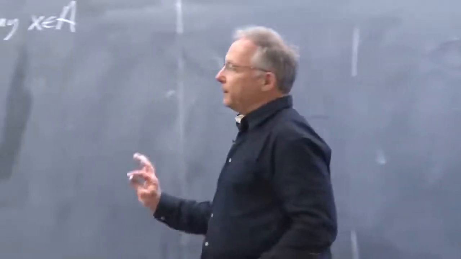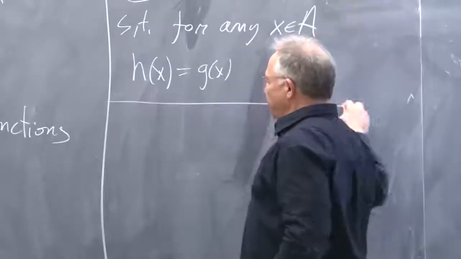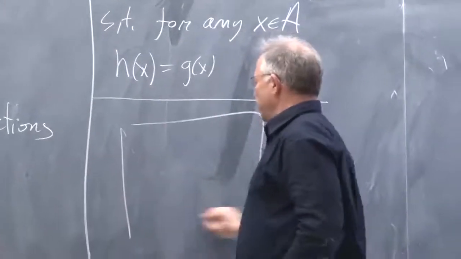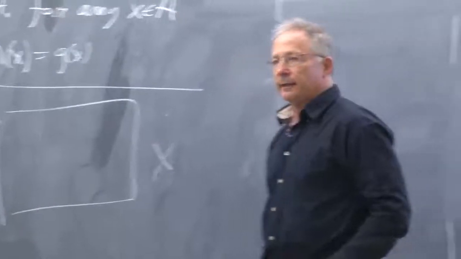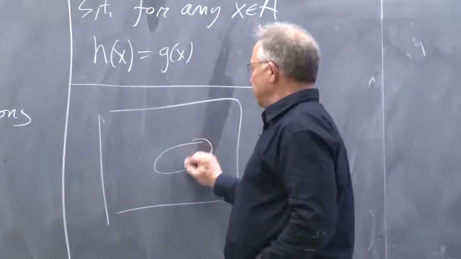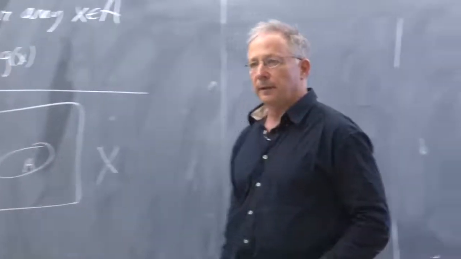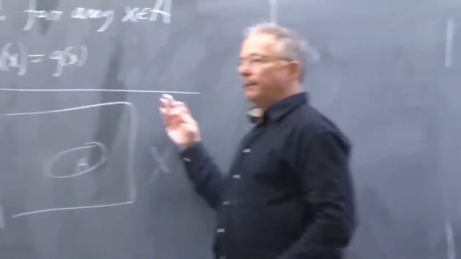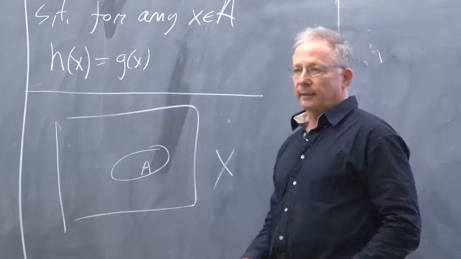OK, so what are we saying here? I have some domain set X, and I pick a subset A. What does it mean that my class H shatters A?